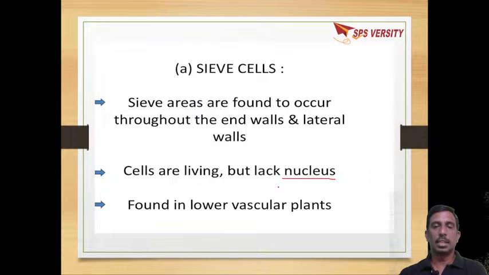Sieve cells किधर रहता? Lower vascular plants. Lower vascular plants बोले तो इसमें आता है pteridophytes और gymnosperms.